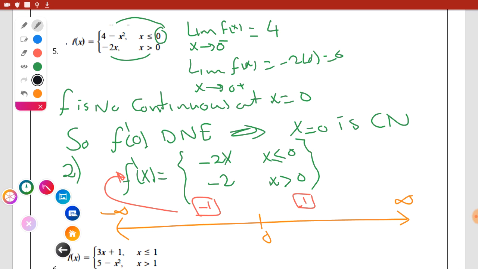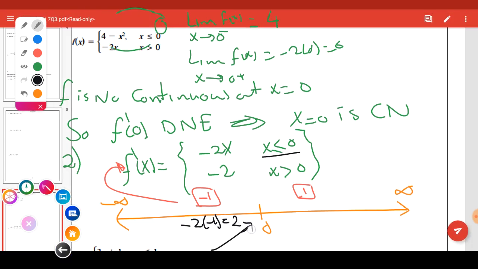Negative 1 is in which subdomain, the upper one or the lower one? In the subdomain less than 0, so I replace in the upper rule. Negative 2 multiplied by negative 1 is positive 2, so the function is increasing.